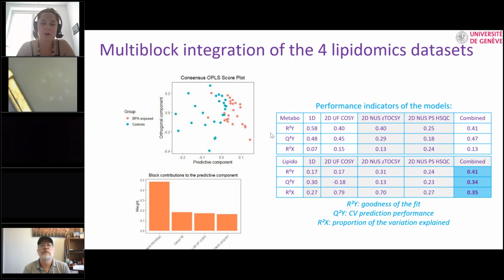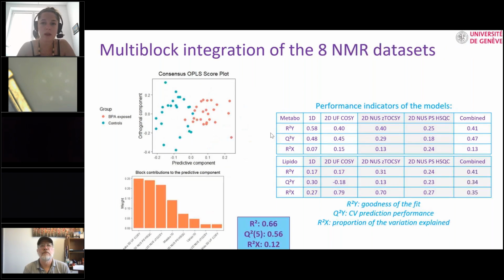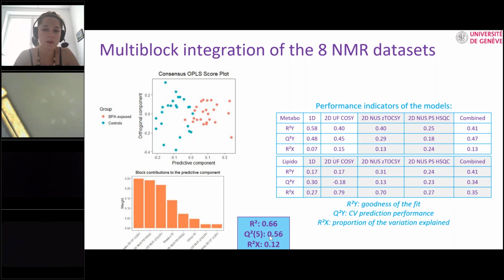But where it's becoming even more interesting is when we are combining the metabolomics dataset with the 4 lipidomics datasets, where we manage to have the highest performance indicators, while still maintaining a good proportion of variation being captured.